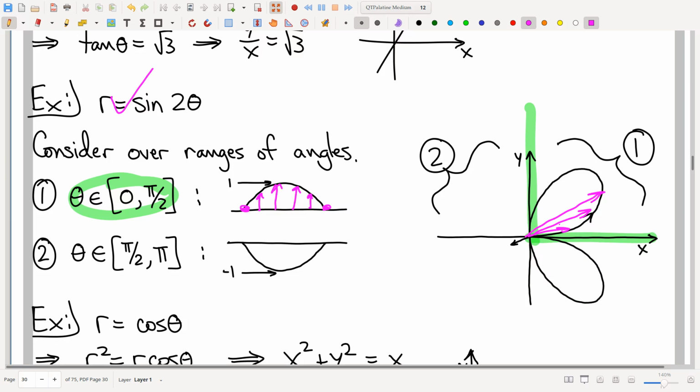Eventually I get to 45 degrees, that's the farthest that I go. After 45 degrees I don't go as far, so I have to come back in. It's qualitatively going to be approximately like that. It doesn't need to be perfect. Does that make sense? Yeah, okay, that's all we need.